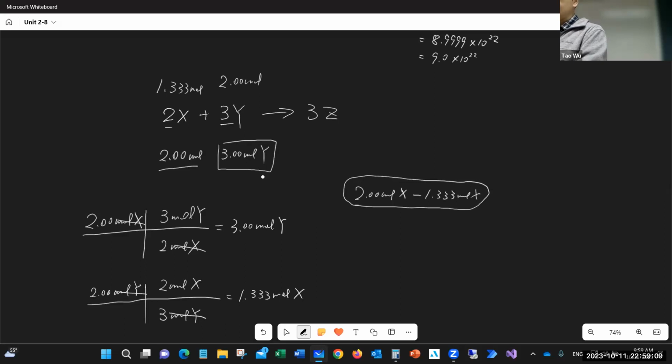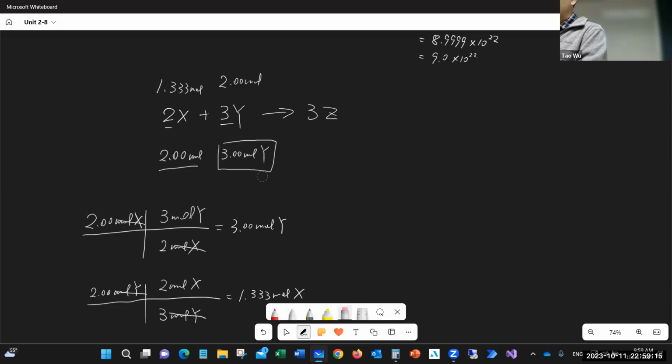So my way is not calculating, if I consume all of the X, how many moles of Y we're going to use up, or if we consume all of the Y, how many moles of X we consume, and then comparing these to figure out the limiting reagent.